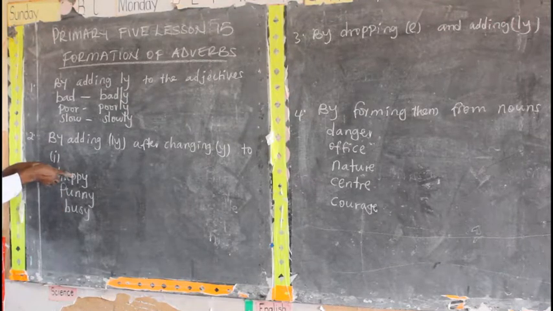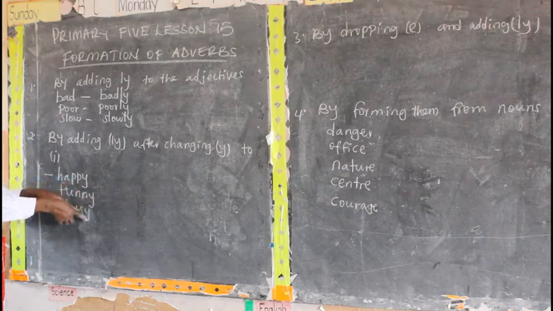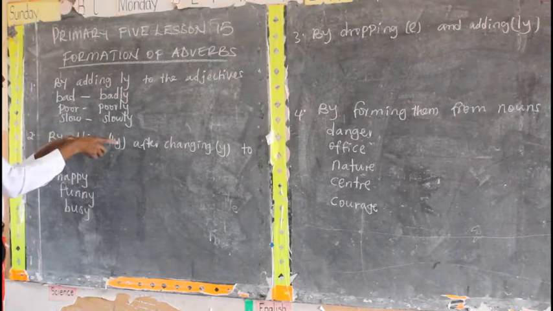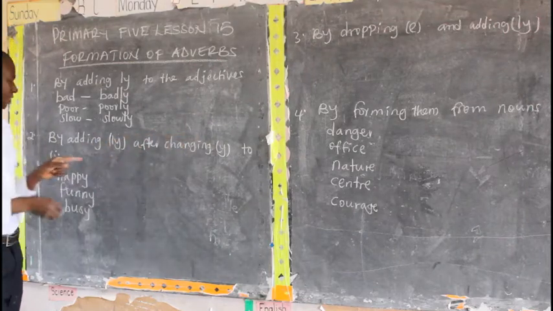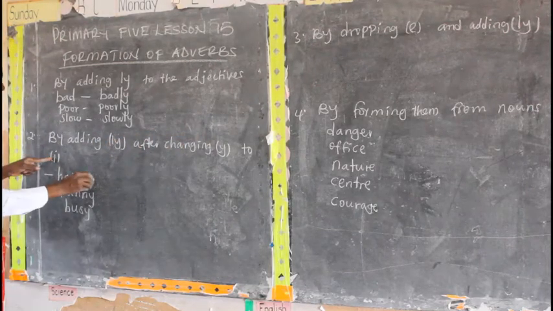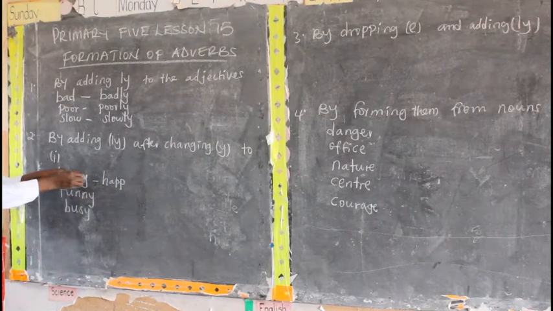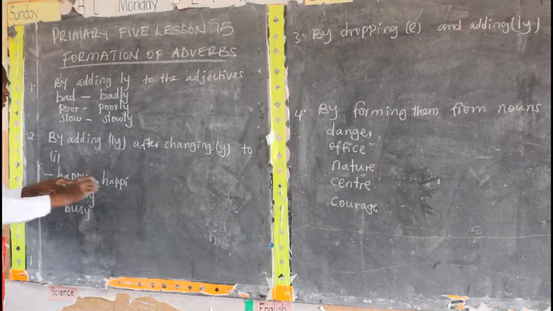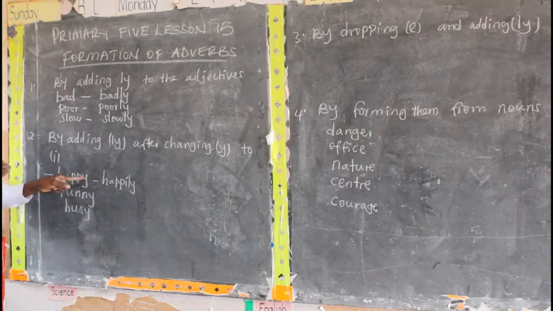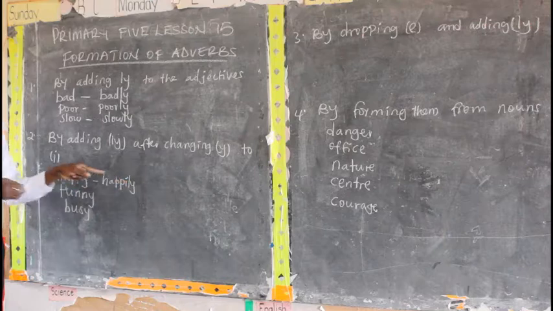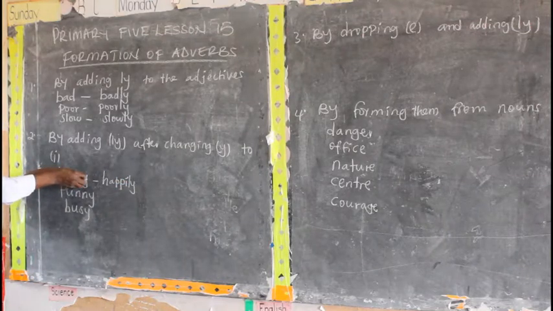Happy, funny, busy. These are adjectives which end with letter y. So when they are forming an adverb, they follow this rule that y changes to letter i. For example, this one here. Now this y is going to change to letter i and then ly, so that it becomes happily. The y is dropped.